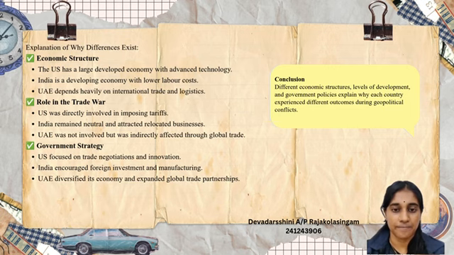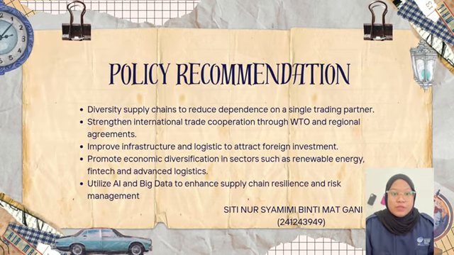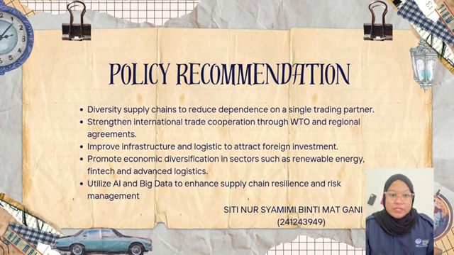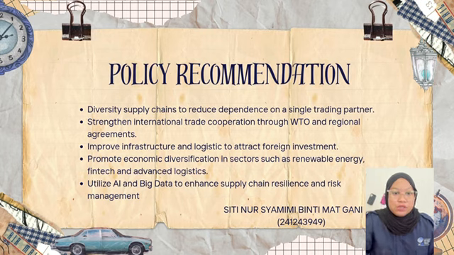To reduce the impact of trade wars, countries should adopt strategies based on their economic strength. The United States should diversify supply chains and reduce reliance on Chinese imports, while engaging with institutions like the World Trade Organization to strengthen global trade stability.